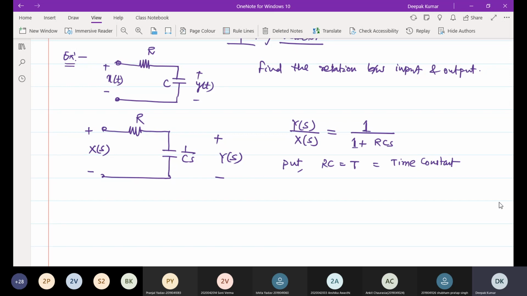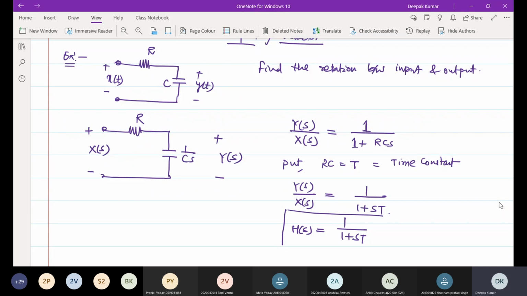What will be the modified equation? Y of S divided by X of S equals 1 by 1 plus sT. This can also be written as H of s equals 1 by 1 plus sT.